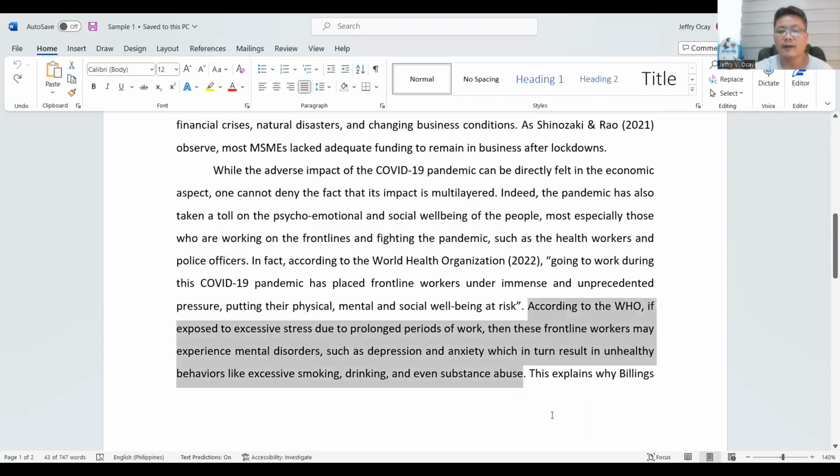So you can see how valid my observation is, how valid the problem is that I want to see addressed in this paper, because it is corroborated by no less than the World Health Organization. So that's the research problem that I want to address in this research. Okay?